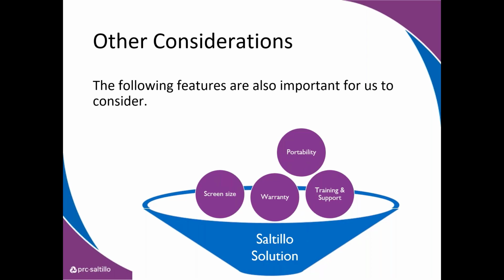Those other things that we want to consider funneling in right here for him is how independently he can access it and transport it, the size of the screen for vision or accessing with that key guard. So do we need that bigger screen with the key guard to have more buttons per page, or can he handle it?